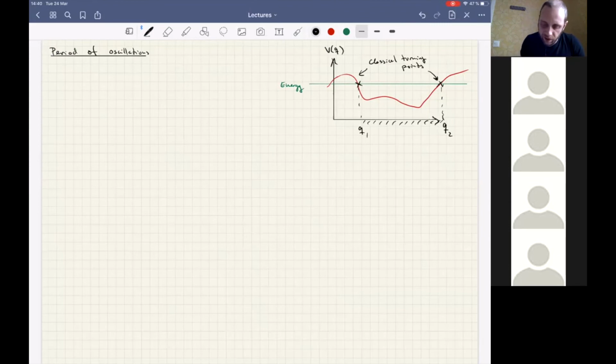Now I assume that this potential does not depend on time, because if it does, then we're going to have to take that into account. But let's assume time independence of the potential. That tells us that energy is conserved.